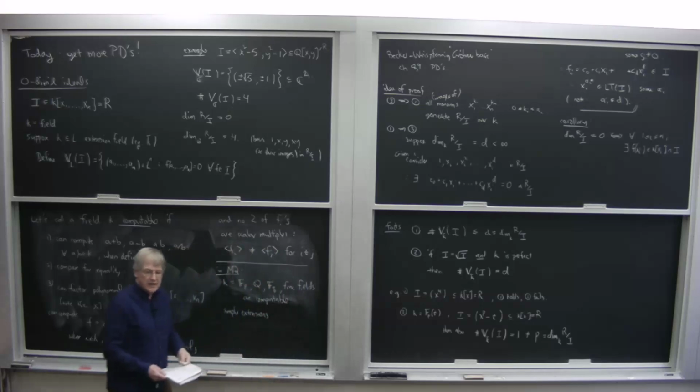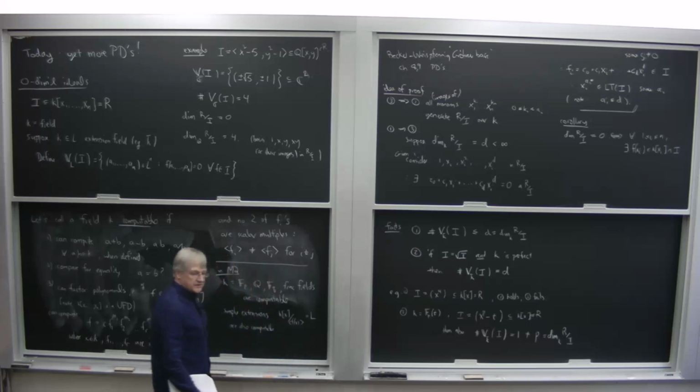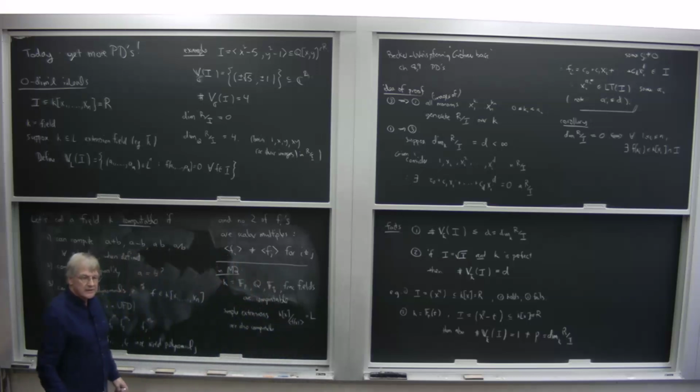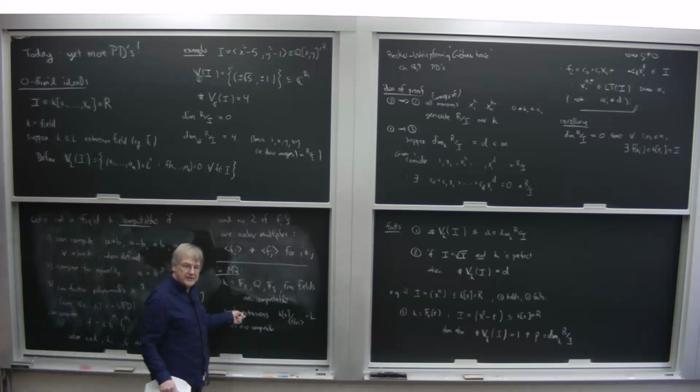You might have to do something special to get it, but simple extensions K adjoin X modulo f of X, which is a new field L, are also computable. But you have to write it as a simple extension. So if I do towers of those things, I don't get it unless I can write it as a simple extension. So simple extensions are primitive extensions, I mean, generated by one element.